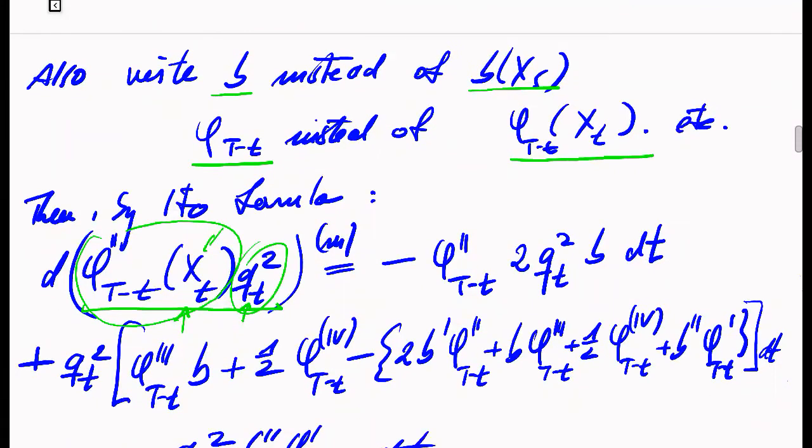But first we do the product rule for this product of two processes, which gives us the phi double prime evaluated on the process and so forth, times the increment of the q squared.